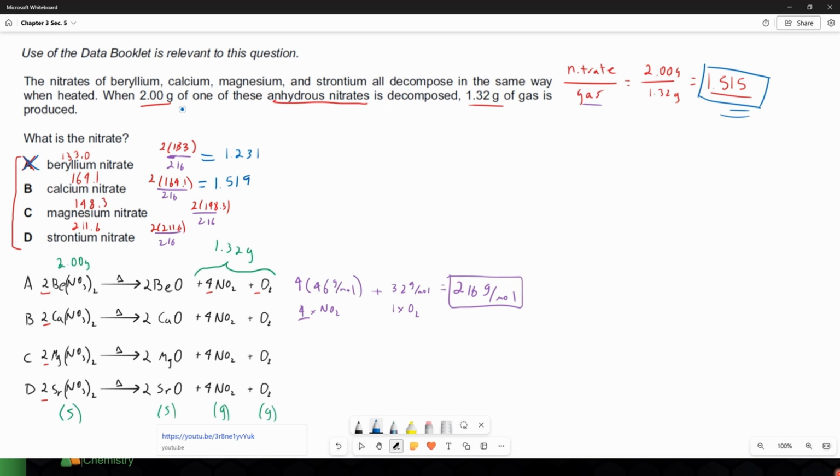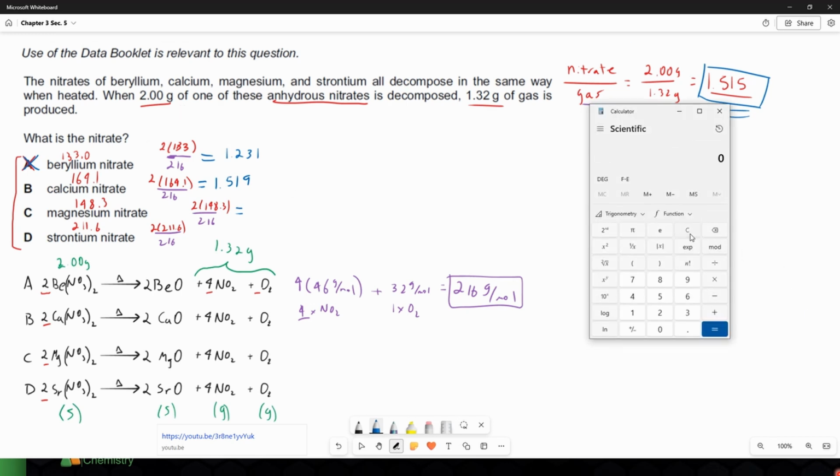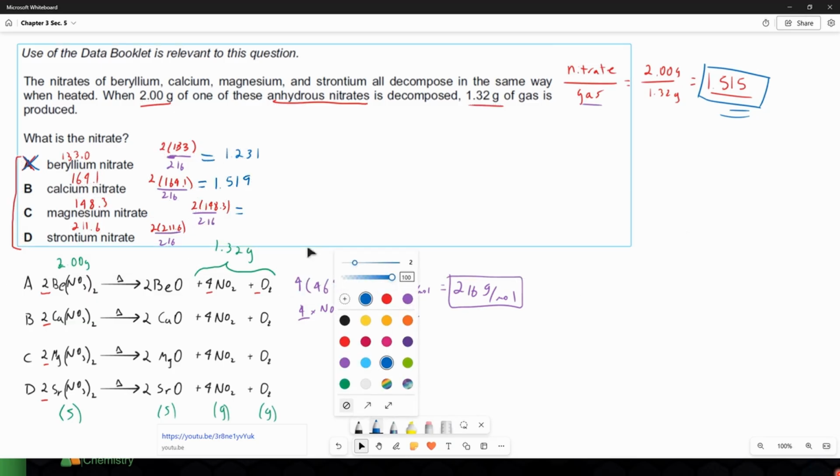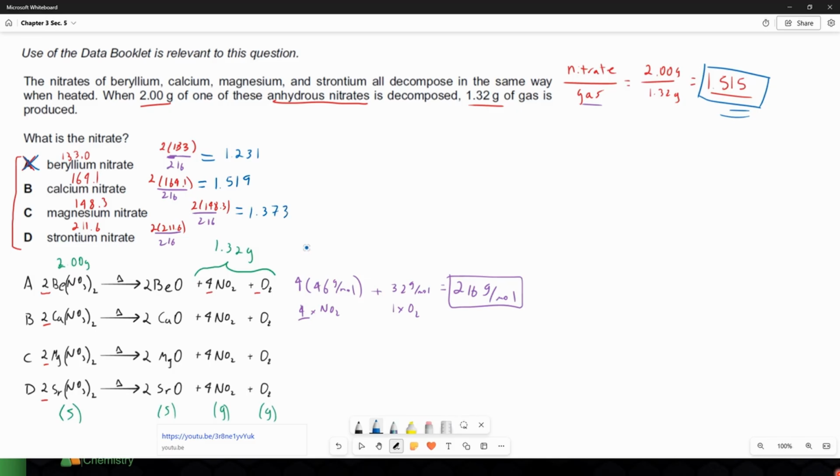If we do it for magnesium, 2 times 148.3 divided by 216 is 1.373, farther away. Again, farther away from our ratio from the question.